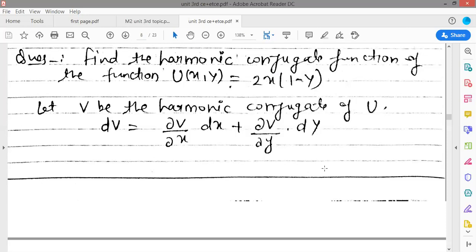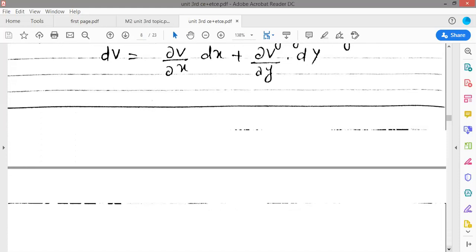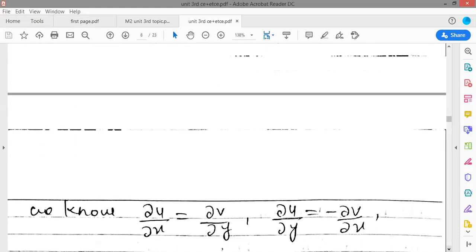This is the chain rule, so we can apply the chain rule here. The first differentiation is partially with respect to x into dx, plus second with respect to y into dy, because v is a function of x and y. Now we need to calculate our partial derivatives.